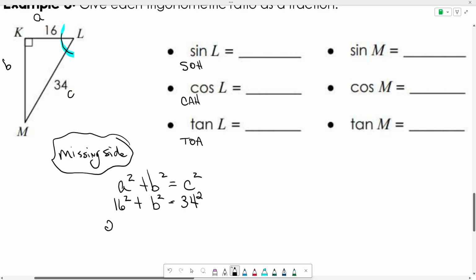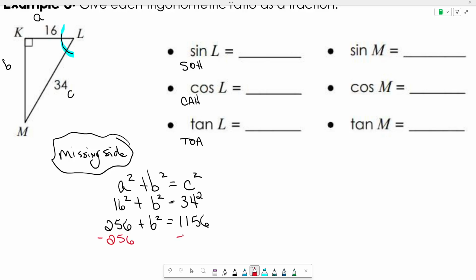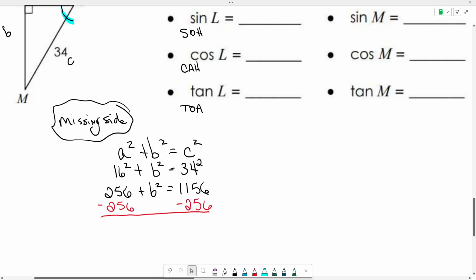16 times 16 is 256, plus b squared is equal to 34 times 34, which is 1,156. I subtract 256 from both sides of the equation. And I see that b squared is equal to 900.